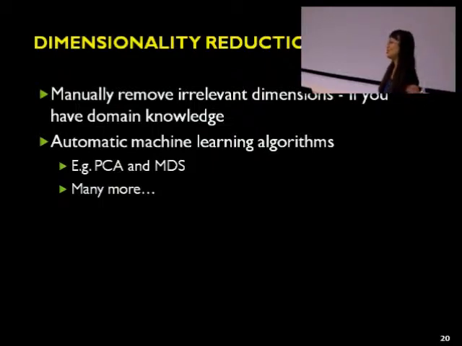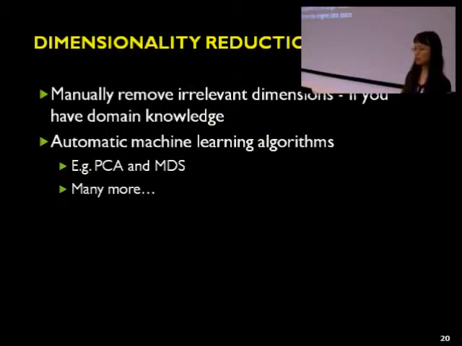If you know your data and your analysis tasks, you can easily filter out those dimensions that are not relevant to your analysis. This sounds very simple, but actually it works quite well. There are also automatic machine learning algorithms that you can apply when you don't have this manual or human knowledge about your data. In this talk, I will focus on these automatic algorithms.